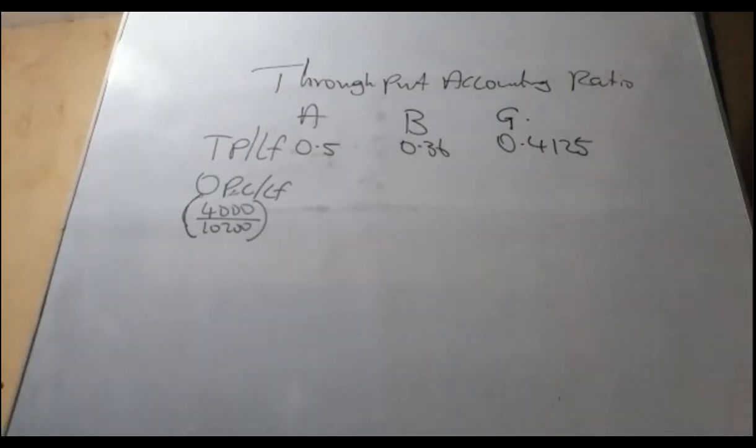So 4,000 divided by 10,200. That's 0.392, right? Great.